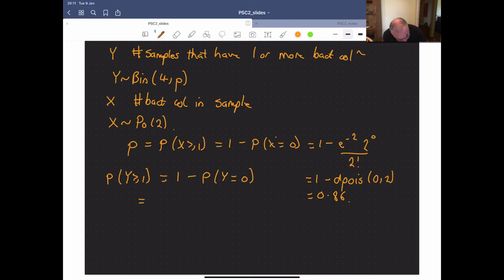Y is binomial, so that's going to be 1 minus 4 choose 0. Probability of success is 0.86, and then we get 1 minus 0.86 to the 4. And when I did that, you can check it, I got 0.9997.